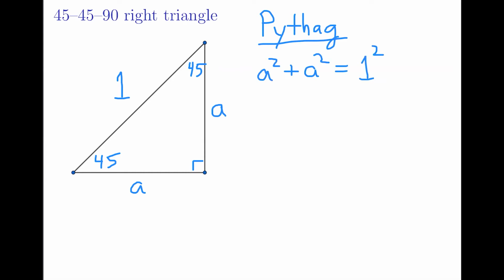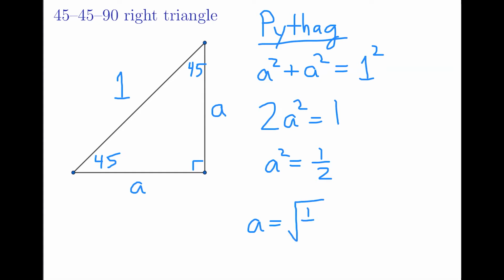And if we write that in a simpler way, we get 2 times a squared is equal to 1. And that tells us that a squared is equal to 1/2. And that tells us that a is equal to the square root of 1/2. There are a lot of ways you can write that.